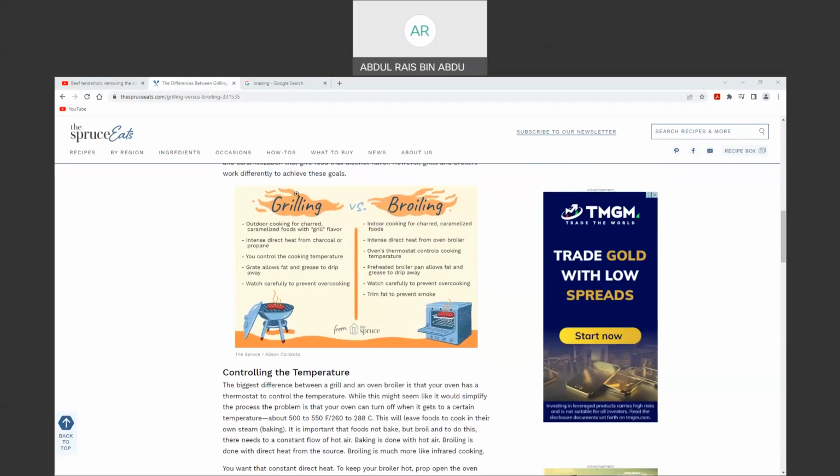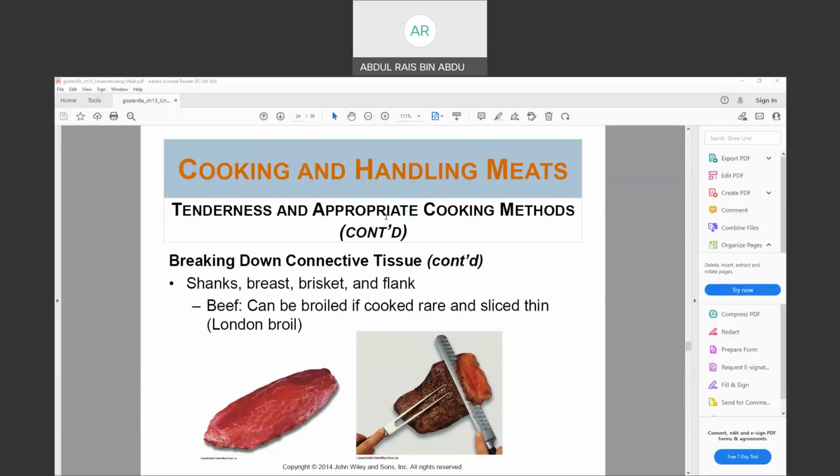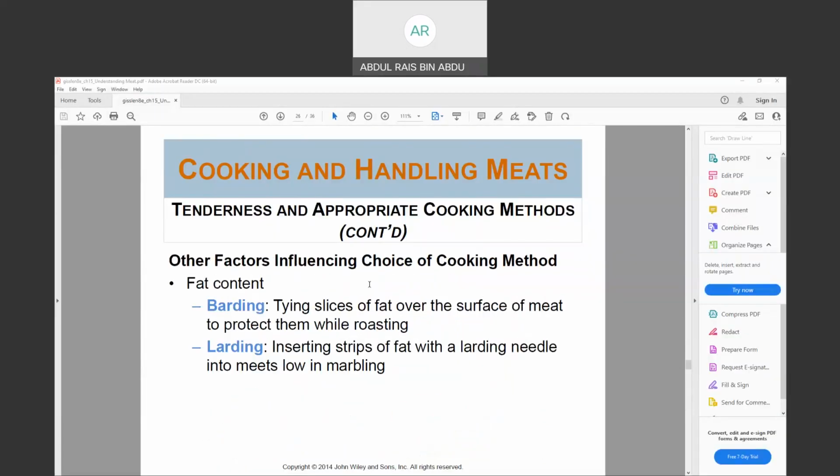Because grilling and broiling both involve dry heat. The only difference is how the dry heat is dissipated through the food. Okay. Continue on.